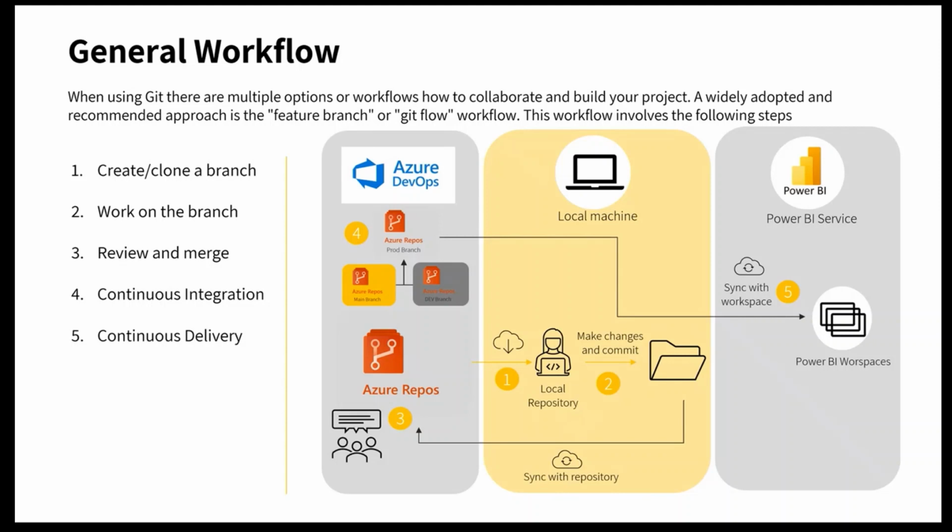So you start to create a Git repository on your local computer. We will do that. You do some changes on the file that I just created, right? The PBIP file. Then you commit those changes.